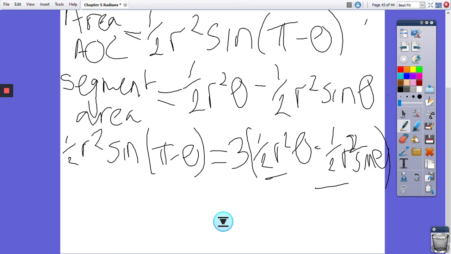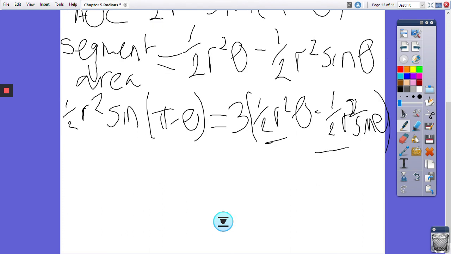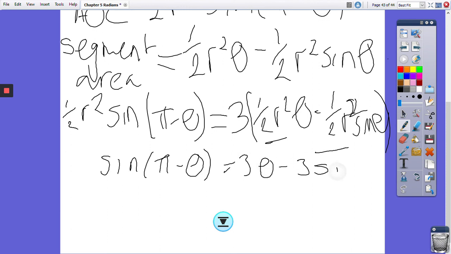Well, boom, you can cancel them out, and that just leaves us with sine (pi minus theta) equals, and we took the half R squared out and got rid of it. Let's take the 3 in. So you've got 3 theta minus 3 sine theta.